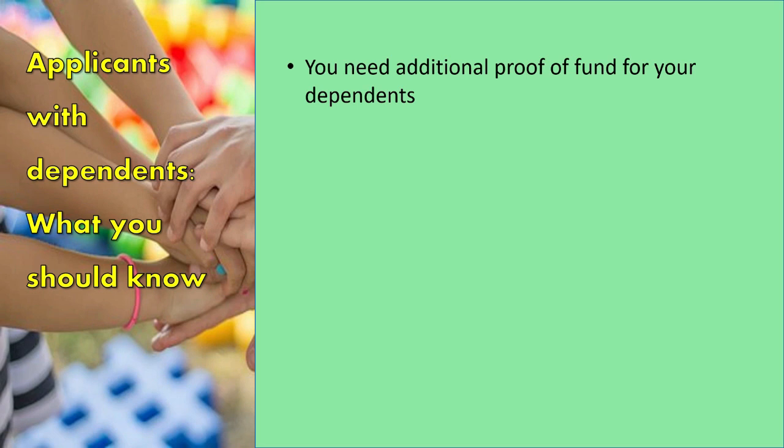You will need to prove to the consular officer how you would cover the deficit of your dependents. So this is very, very important, and I encourage you to take this seriously.